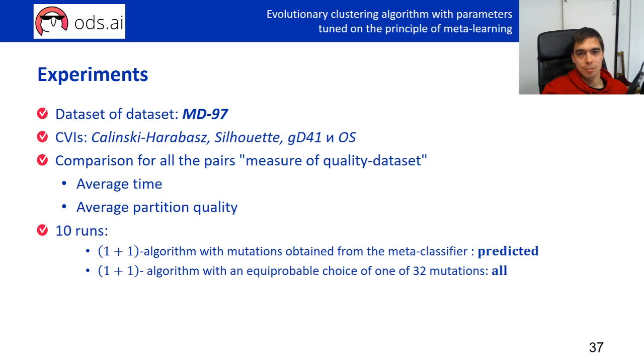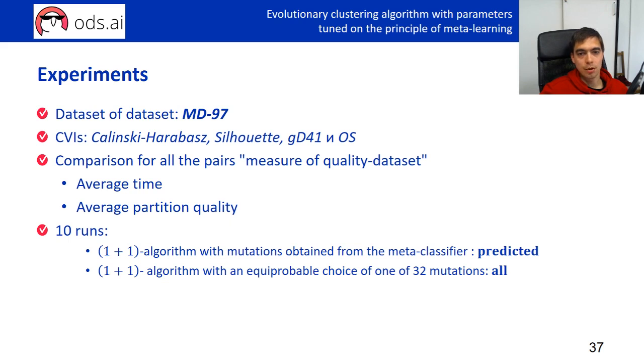So let's analyze the parameters of experiments. We used the dataset of datasets MD97 that we mentioned earlier. We also used the same four measures of quality mentioned above.